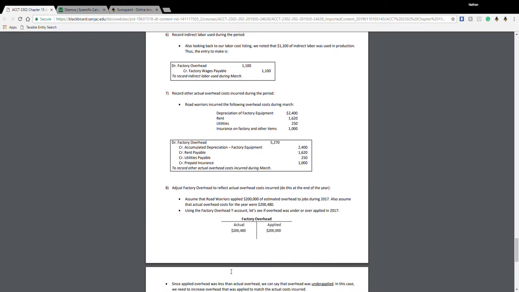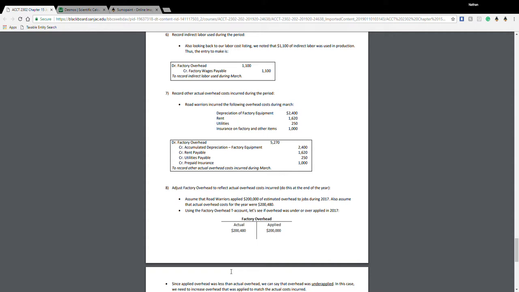So next we're going to adjust our factory overhead. So we did all of our actual costs. Now we move to basically see which one beat out the other. Well, we knew that they had 200,000 applied for overhead jobs, but they found out that their actual was 200,480.